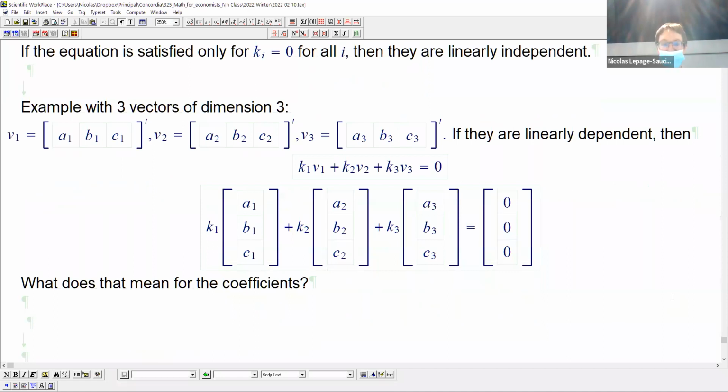Well, let's try to solve this. First equation, I have K1 A1 plus K2 A2 plus K3 A3 equals 0.